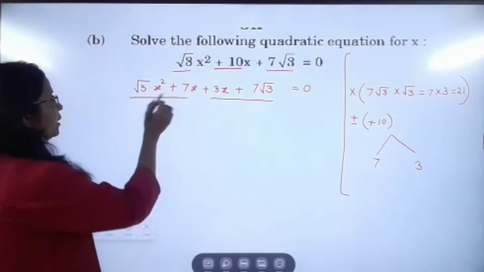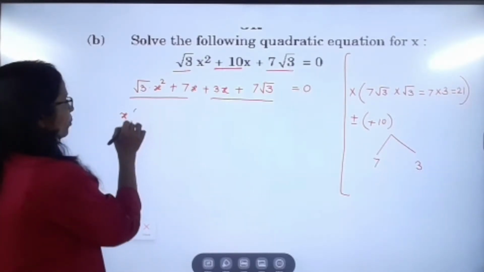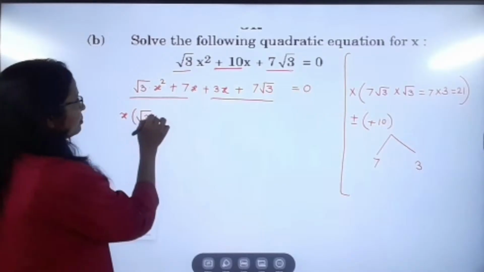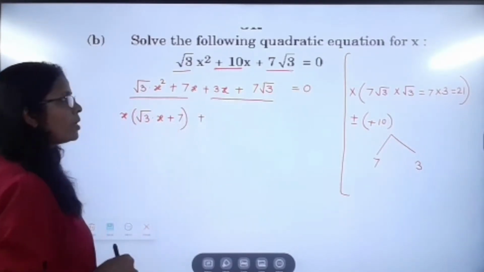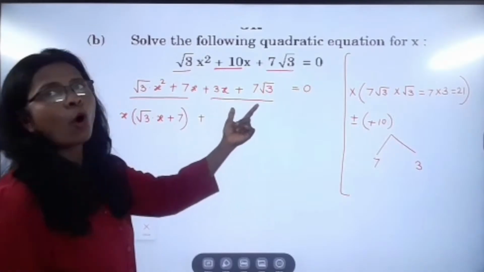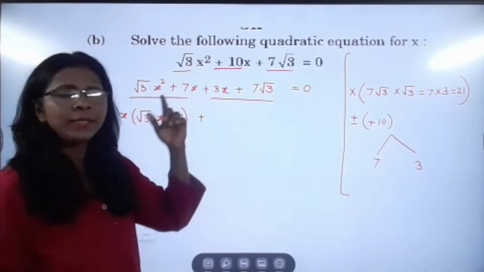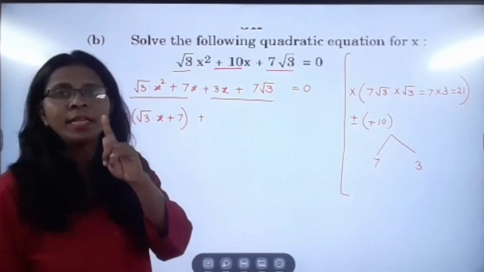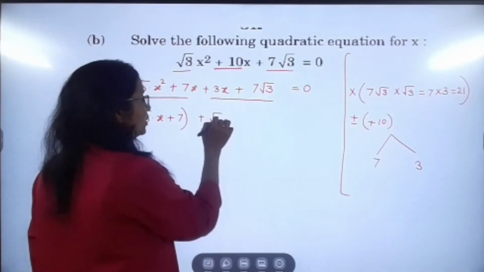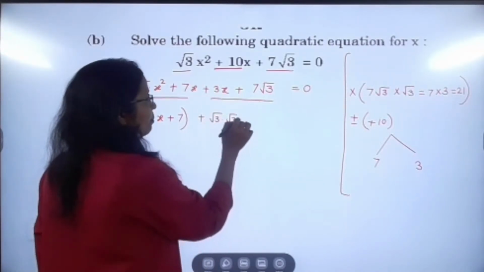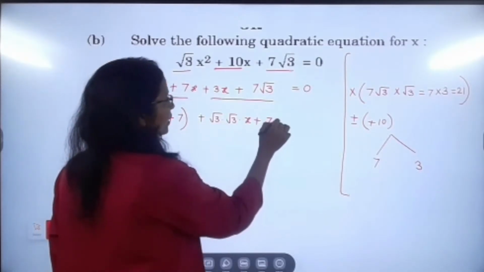Here x is common, so in the bracket √3 multiply x plus 7, then plus. Now from this group, we write one extra step: we write 3 as √3 multiply √3 multiply x plus 7√3.